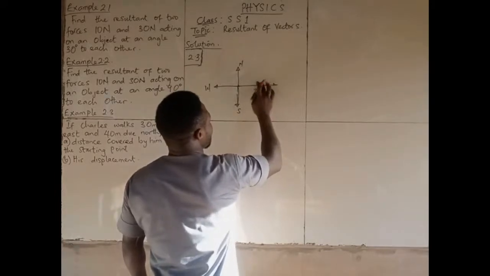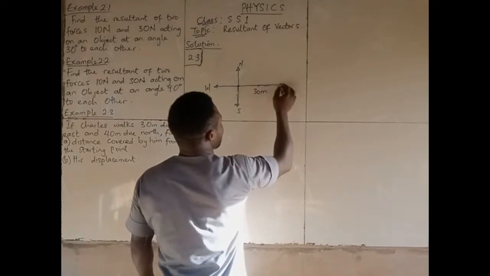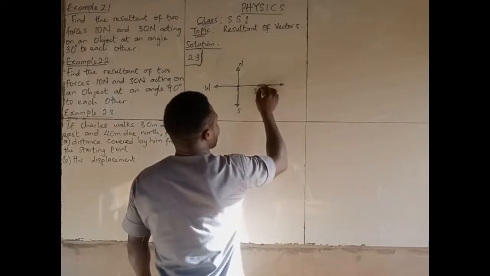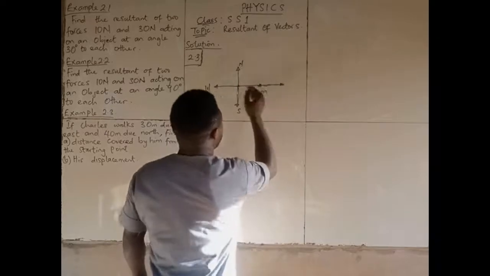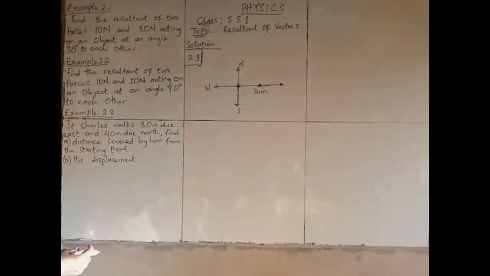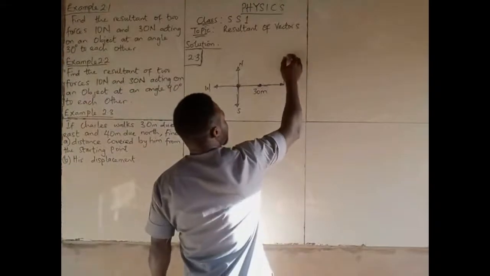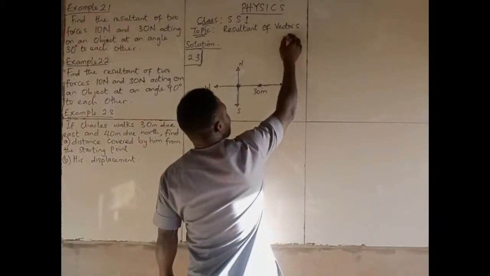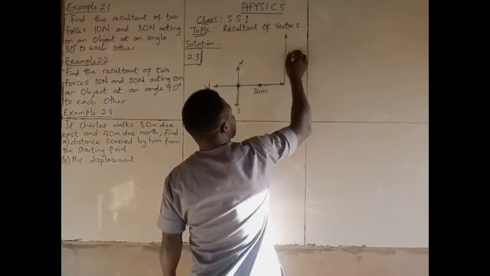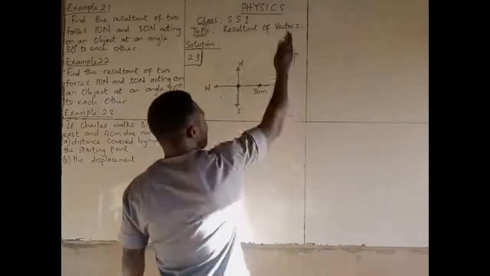That is the first transition of Charles. This was his original position. So he walks 30 meters due east and 40 meters due north. He now moves up, maybe Charles was going to visit a friend, 40 meters due north, which means he turned.